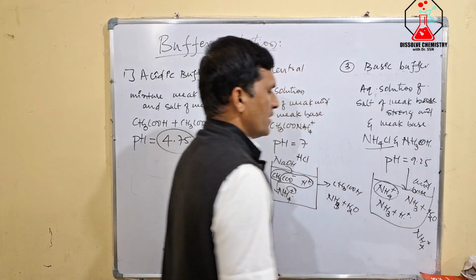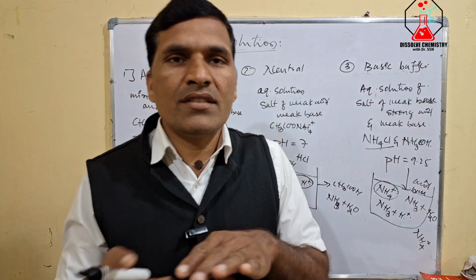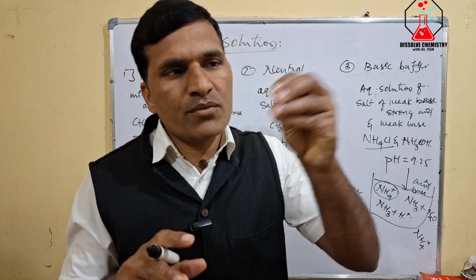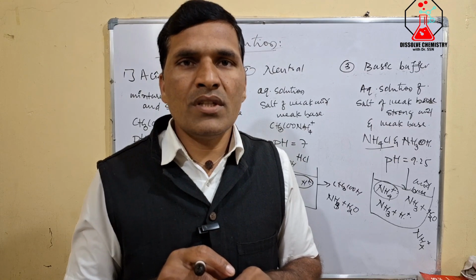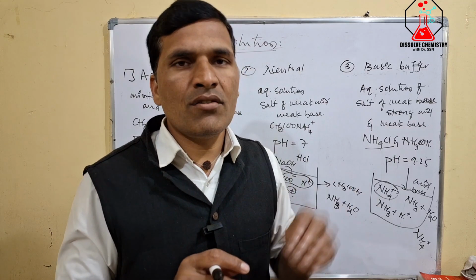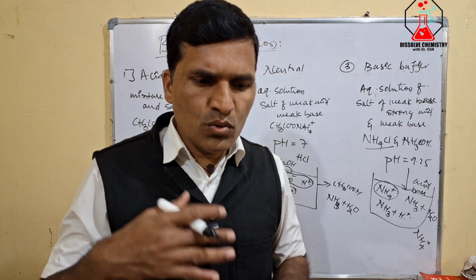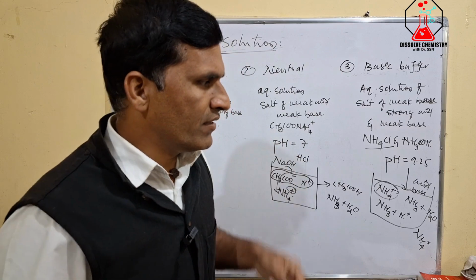That is how it tolerates the alteration in the pH, or does not allow the change in pH upon addition of a small amount of acid or base to the solution, and this we call buffer solutions.